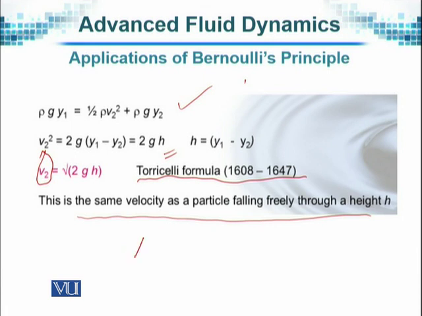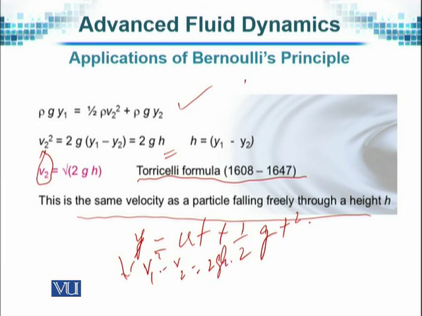The distance, let us say y, is equal to ut plus half g t squared, or the same equation written without time: v squared minus u squared is equal to 2gh, and from that we can obtain this value.